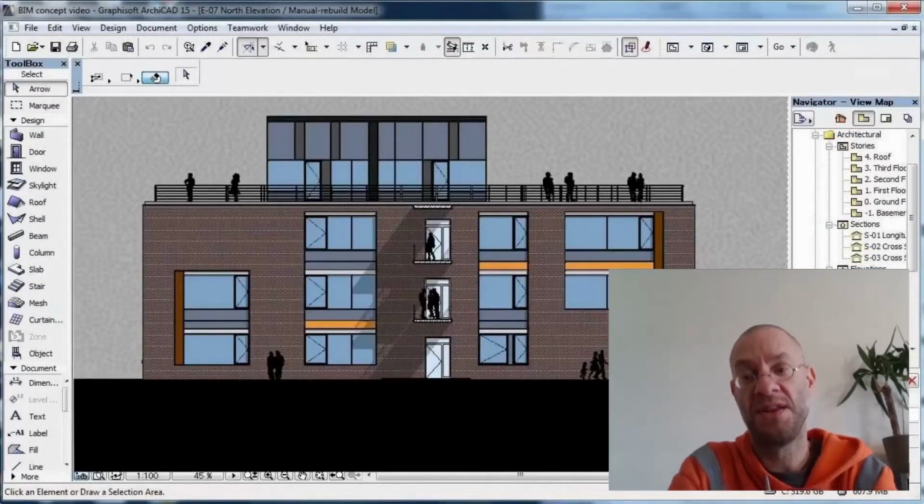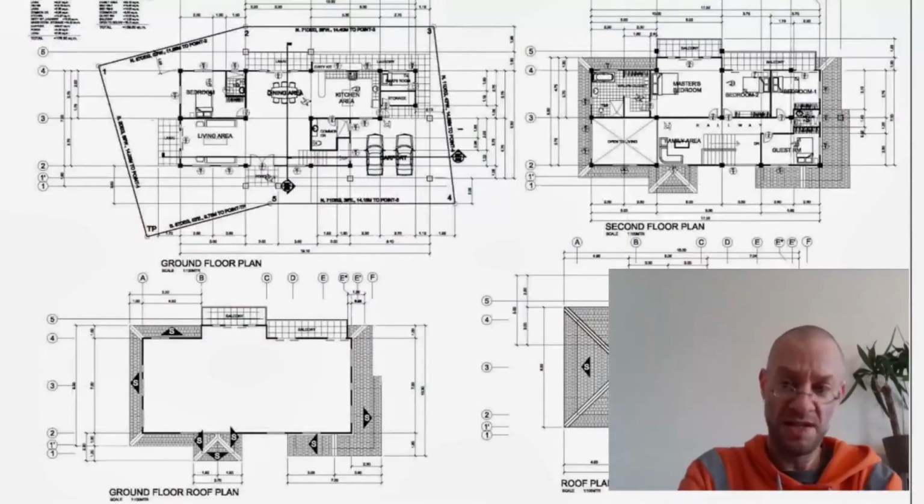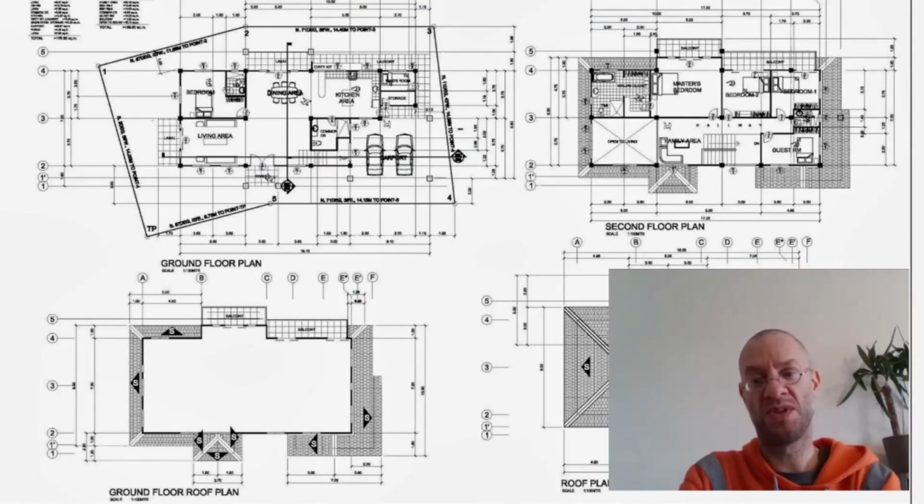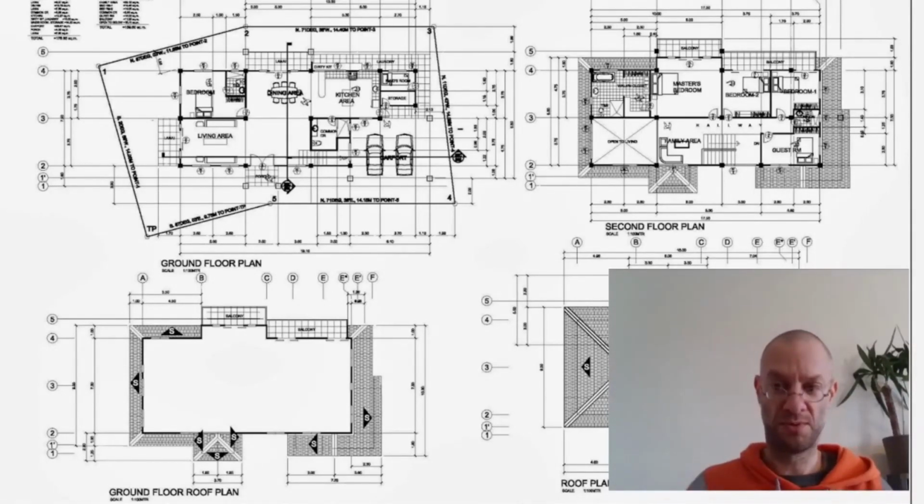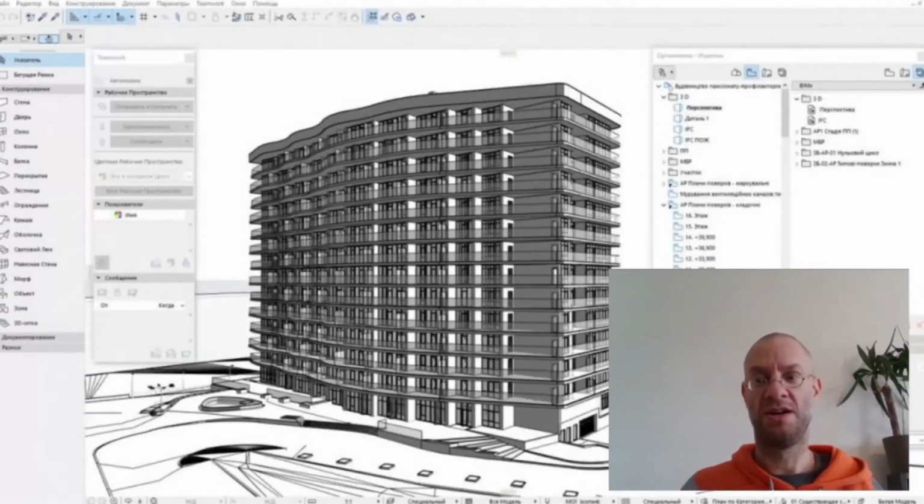Think about a drawing, which is still needed at the end, because what goes to the work site, what carries the information to the people who actually build the building, still goes through drawings. They take the drawings, they look at the drawings, and they build according to the drawings.